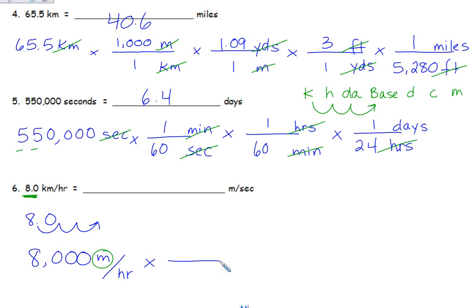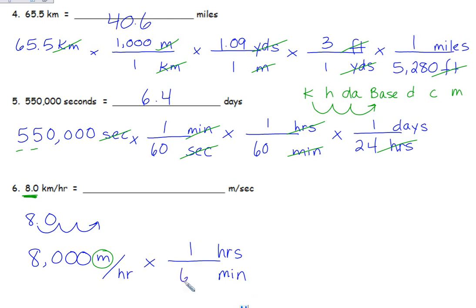So to get it to cancel, I have to put it up in the numerator. So if I do not want hours, now I have to put hours on top so that they cancel. Oh, tricky. Eventually we want to get it to seconds. So maybe we'll go like hours to minutes.